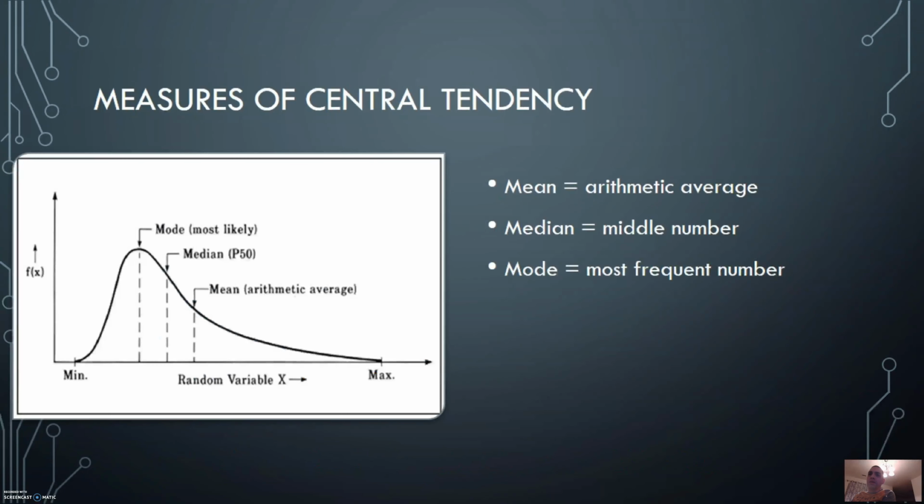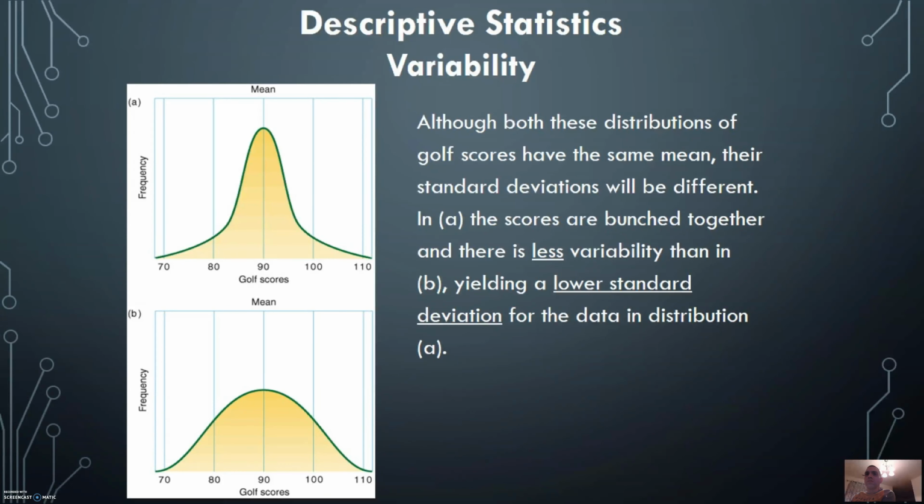So again, mean, median, and mode. And this is what I was talking about in terms of variability. Here these two distributions have the same mean, but one has a lot more variability, and one has a lot less.